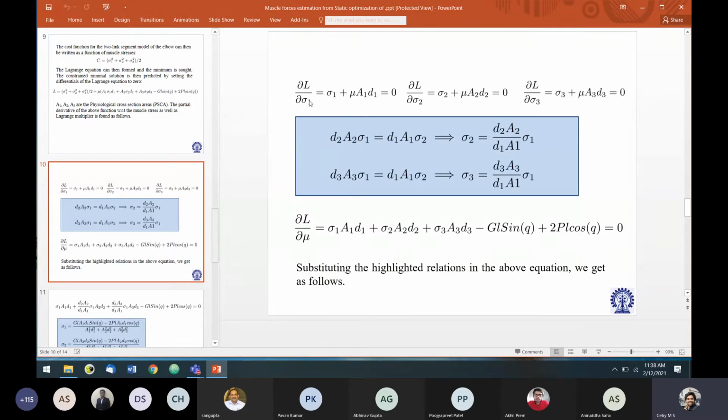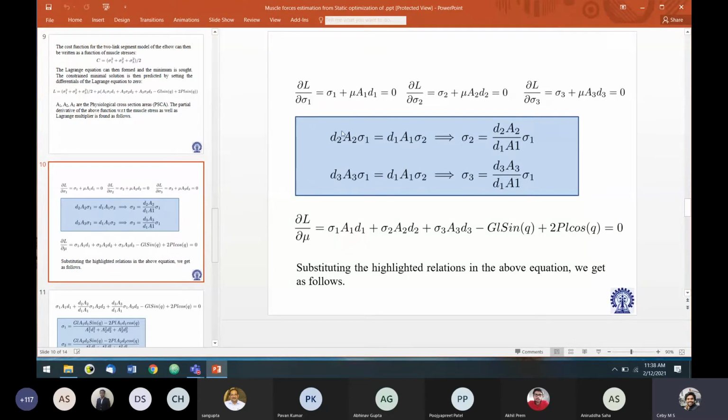By solving these three equations, you can multiply d2a2 to the first equation and d1a1 to the second equation, and eliminate the term consisting of the Lagrange multiplier.